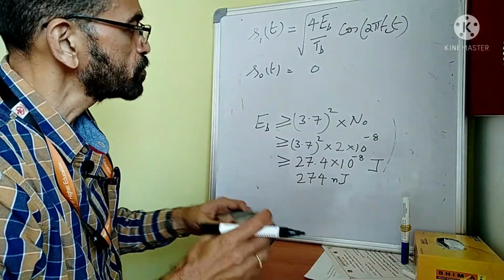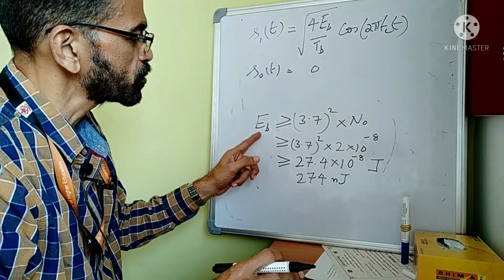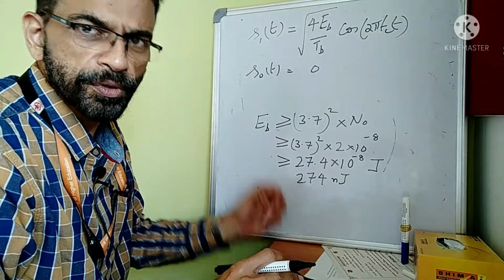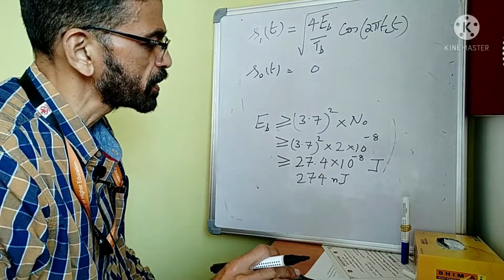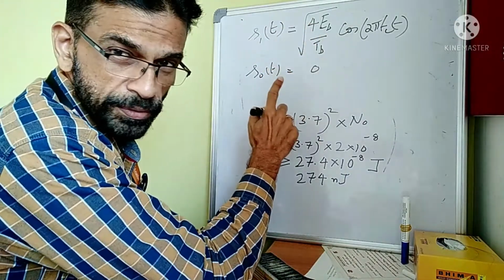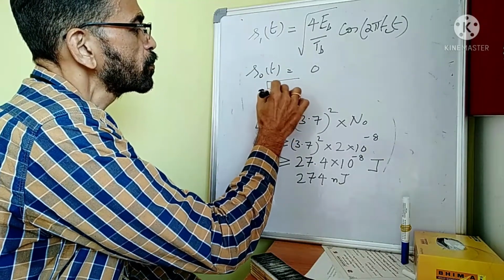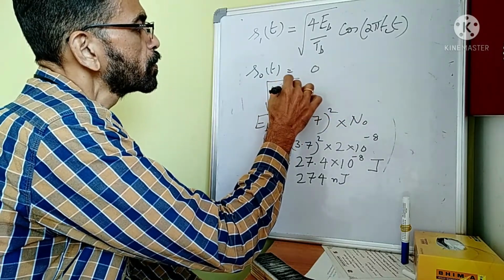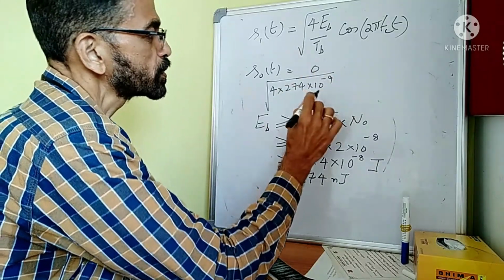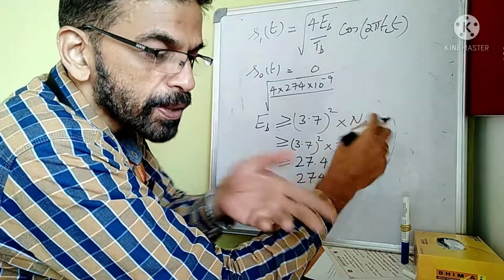So now, this calculation says that E_B has to be at least 274 nanojoules, or more than that, of course. One can say E_B has to be greater than or equal to 274 nanojoules, which means that the amplitude of the received signal has to be root of 4 into 274 into 10 power minus 9, that is in joules, divided by the value of T_B, which is again implied in the data.